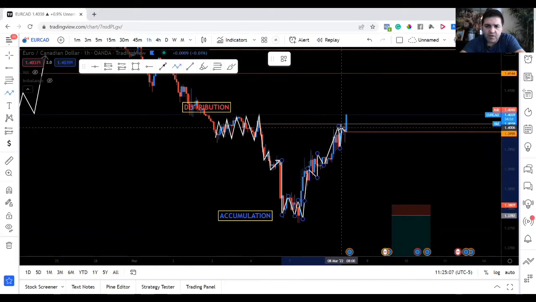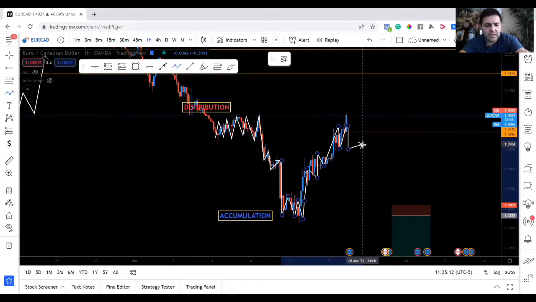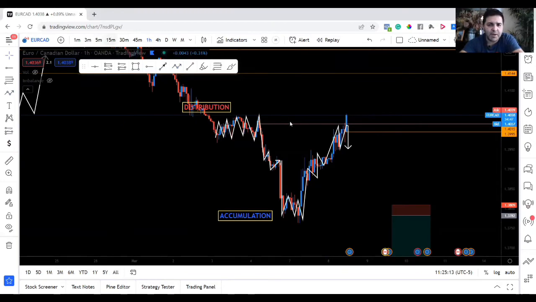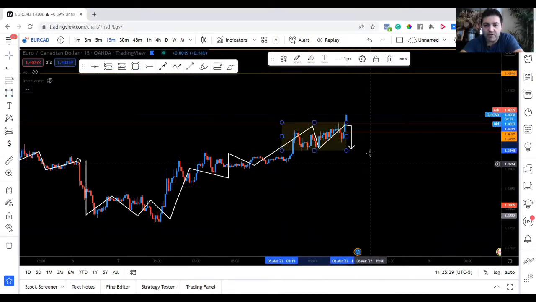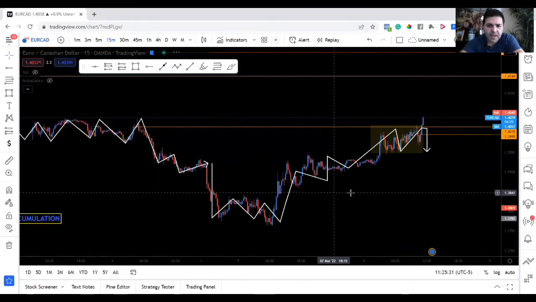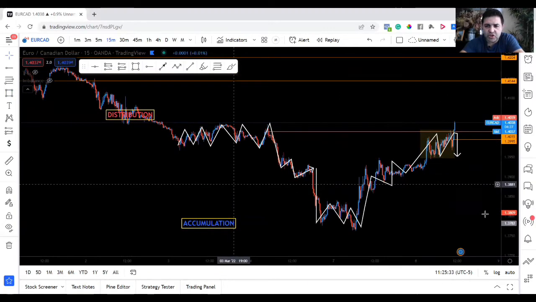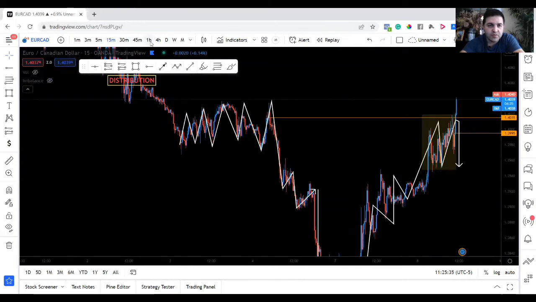And now, if you lower to the 15 minutes, you'd see the same thing happening. There's also accumulation or distribution now. Again, we don't know until the banks show us their hands, so we have to wait for their move, and we use the banker strategy to understand these moves.